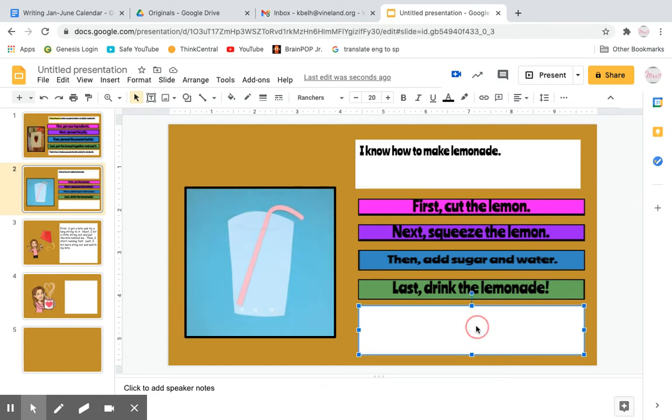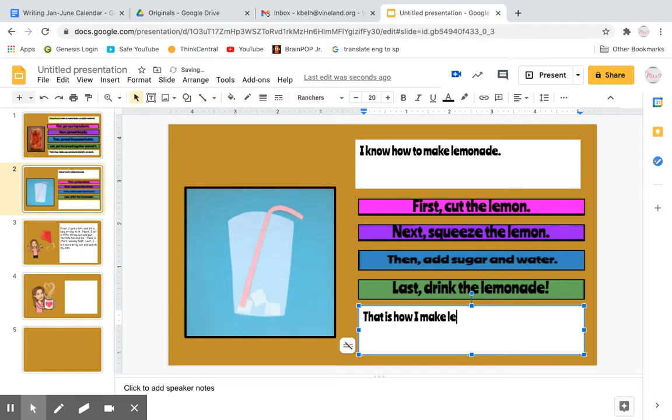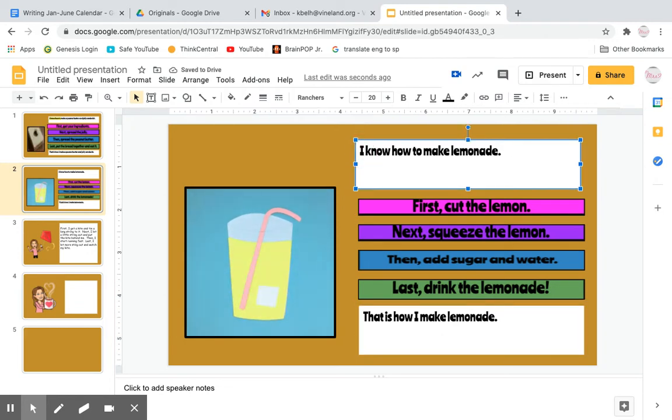Okay, then at the end, after you give them the steps, let's go back to the opening. What is it that you told them how to make? Lemonade. So we can say, that is how I make lemonade, period. So if you notice my opening sentence, because I'm keeping this pretty simple, I start with, I know how to.